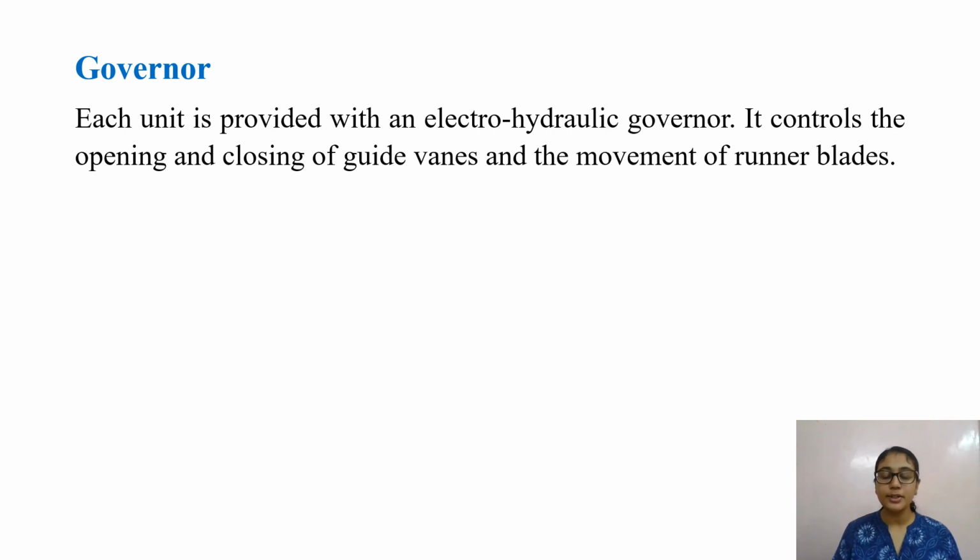When the speed of the unit changes, the frequency of the SSG also changes, whereupon a discriminator responding to the frequency variations emits an electrical signal. After being amplified, the signal is finally transformed into a mechanical displacement transmitted to the main governor valve. Accordingly, the guide vanes are opened and closed along with the simultaneous movement of the runner blades.